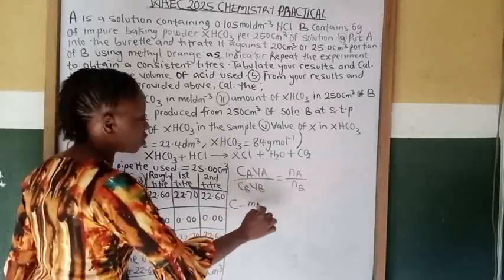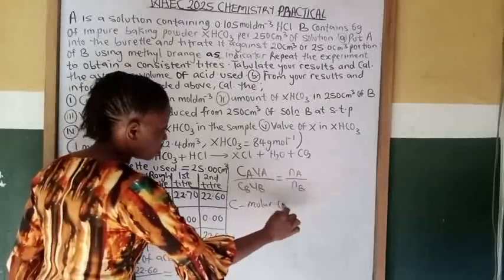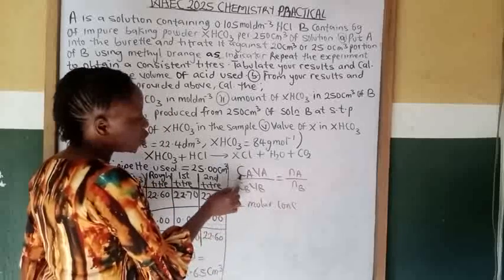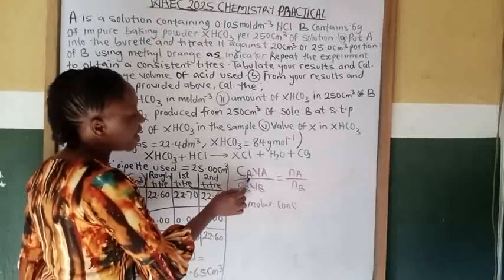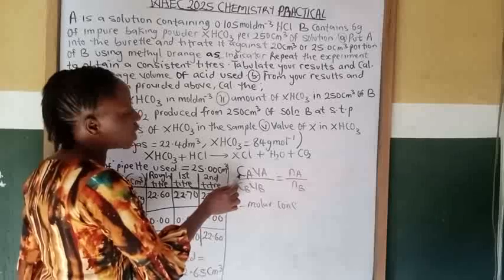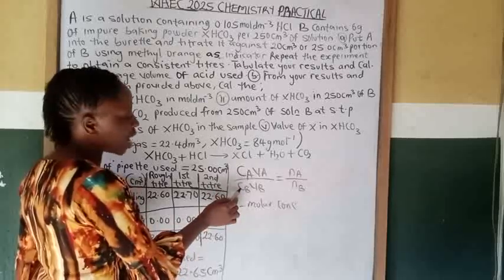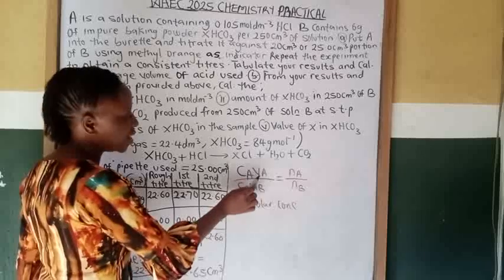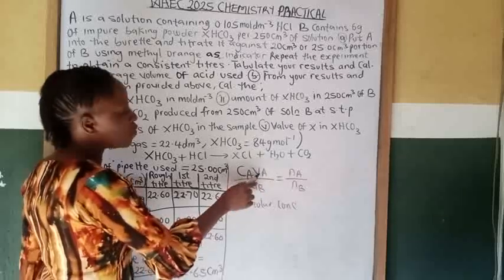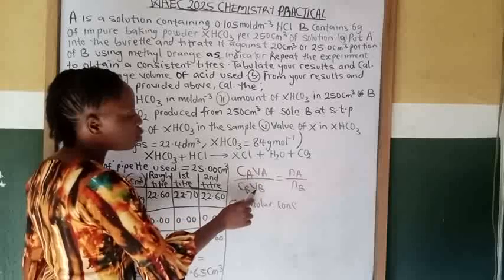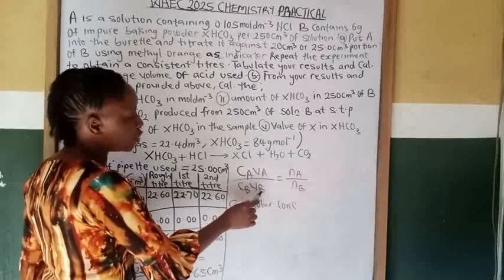Ca, where A is acid, is the molar concentration of acid, while Cb is the molar concentration of base. Then V is the volume: Va is the volume of acid, while Vb is the volume of base.